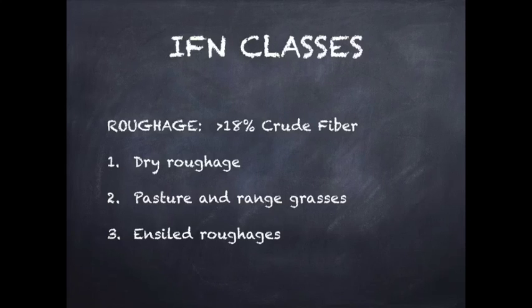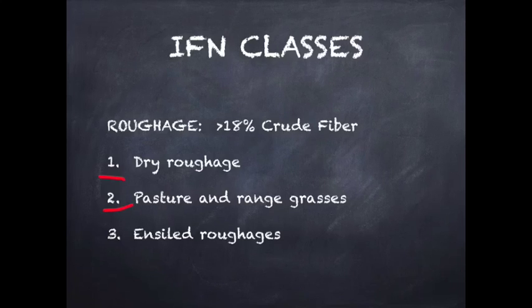Category 1, and this is where the number is important on the IFN system, is the dry roughage category. Things like hay, straw, even cottonseed hulls are potential dry roughages. Category 2 is pasture and range grasses and other feeds fed green, which would include green chop, but that's not a very common practice anymore.